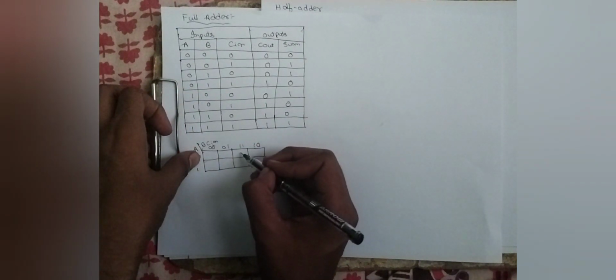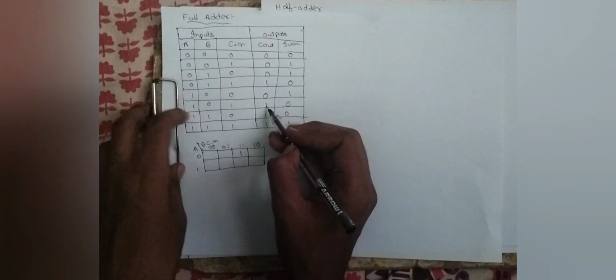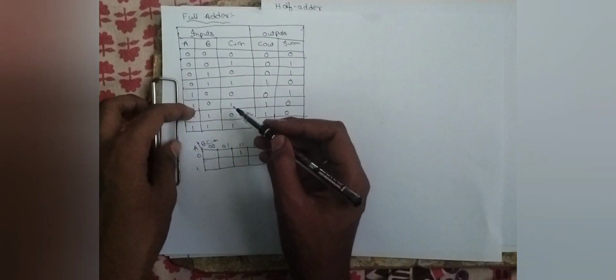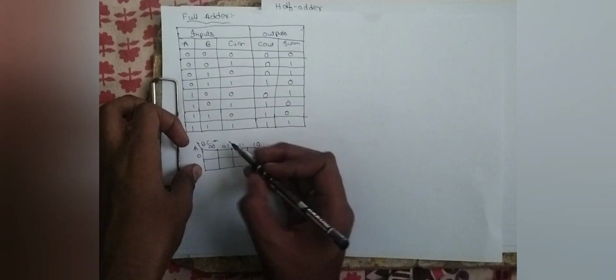So first for the carry out, here 1 is present, so it becomes A 0, B 1, C in 1. So A is 0 here, B is 1 here, C in 1 here, so we will put 1 here. Next here A is 1, B is 0 and C in is 1.